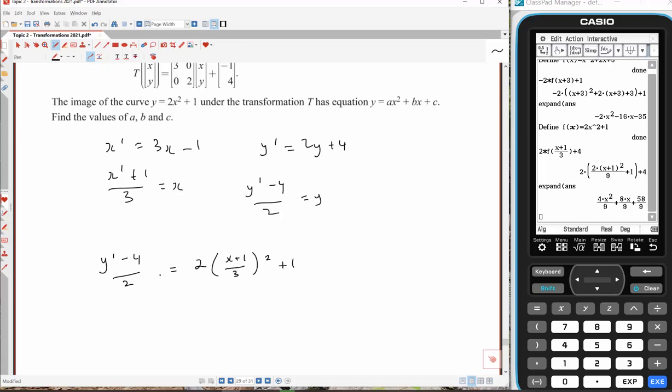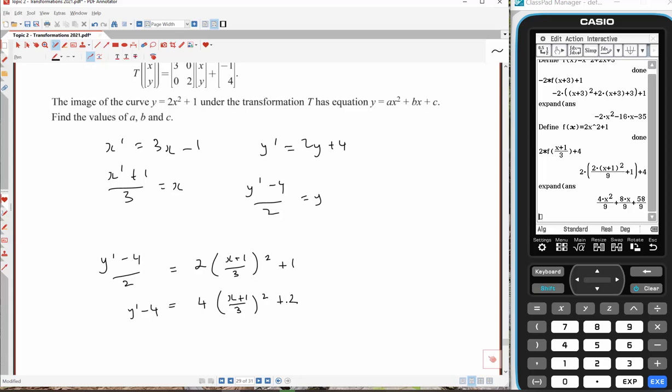Okay, so I think what I'll do first of all is multiply by 2. So y dash take 4 equals 4x plus 1 on 3 all squared plus 2.